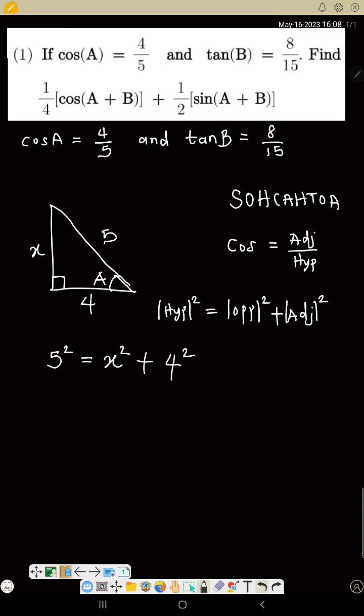Now collect like terms. So we have x square is equal to 5 square minus 4 square.